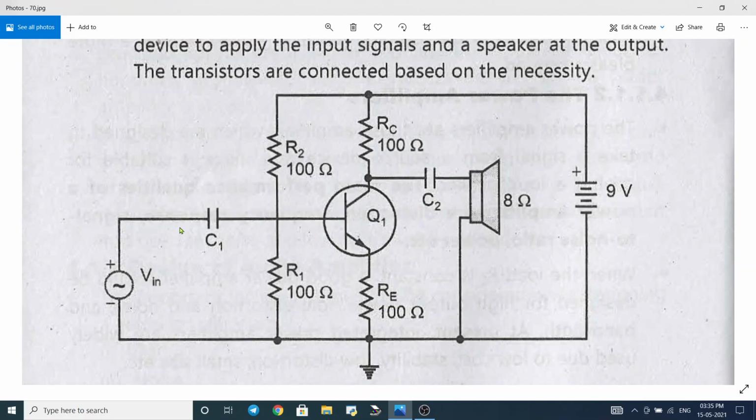So this is nothing but a single stage transistor amplifier. Here we can give input voltage, that is the microphone, or this can be the output of preamplifier. And the output can be given to a loudspeaker.